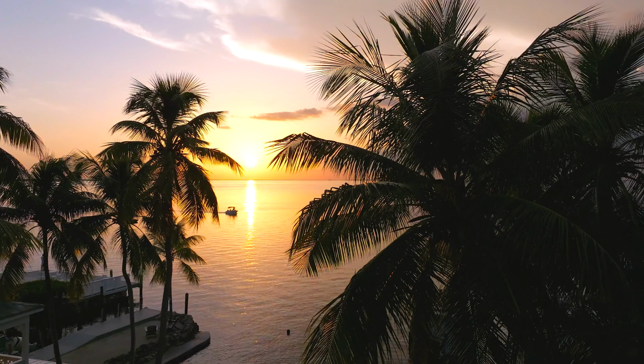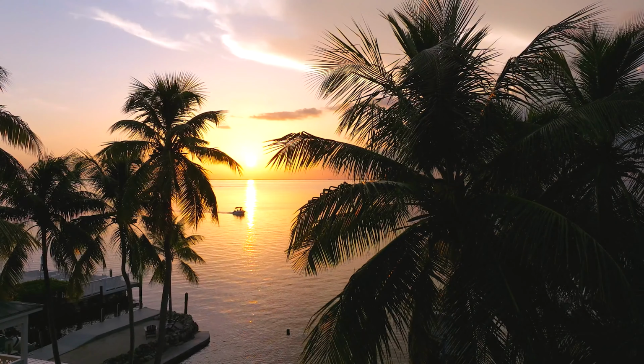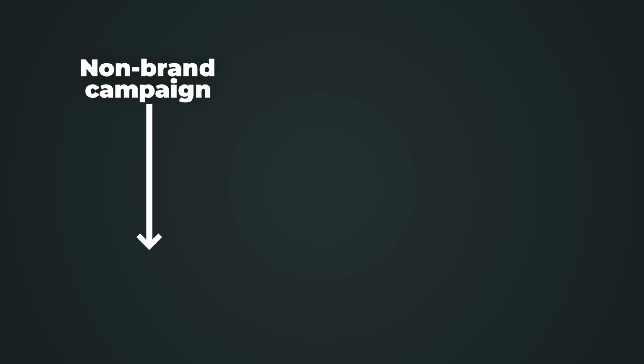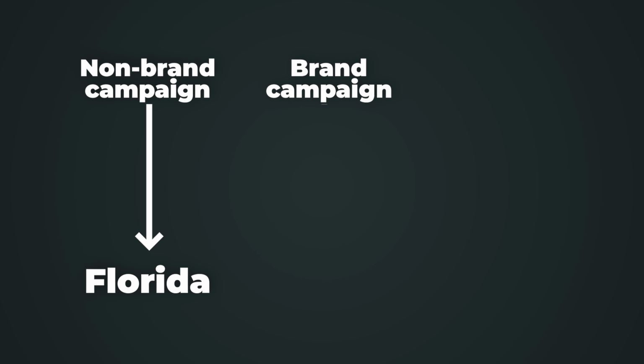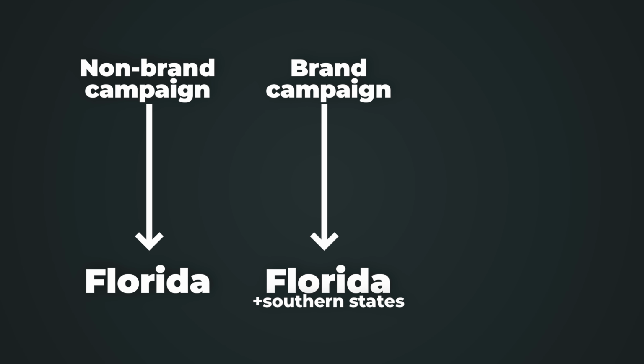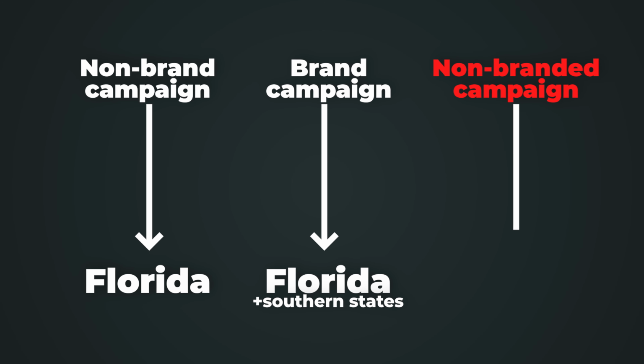But if you block all the other states aside from your typical southern states like Florida in your non-branded campaign and you don't apply the same targeting adjustments to your brand campaign, what actually happens is that your non-brand campaign works in Florida, your brand campaign will work as it should in Florida and those other southern states, but your brand campaign will turn into a non-branded campaign for all the other states that you excluded from your non-branded shopping.